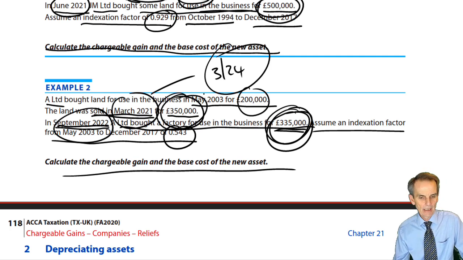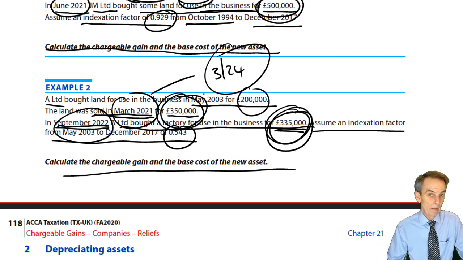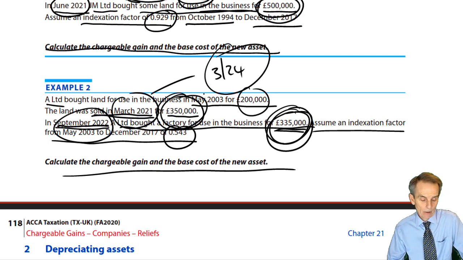If, of course, you're dealing with a situation where by the time you come to pay the tax for the accounting period in which the disposal took place, you have already made the reinvestment, then you'd be in a position to immediately claim rollover relief and you'd never have to pay the increased tax figure in the first place.